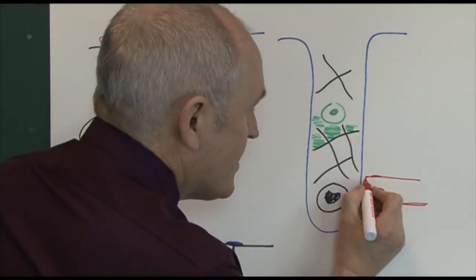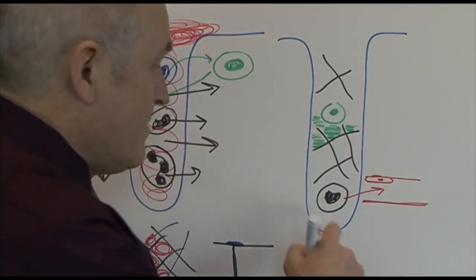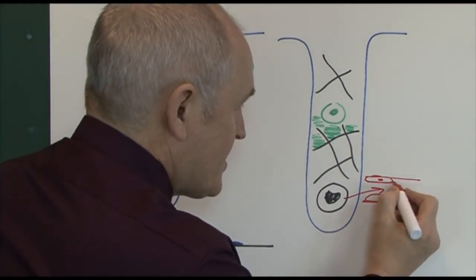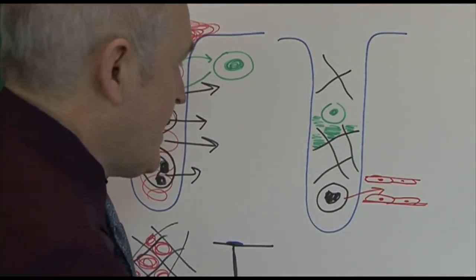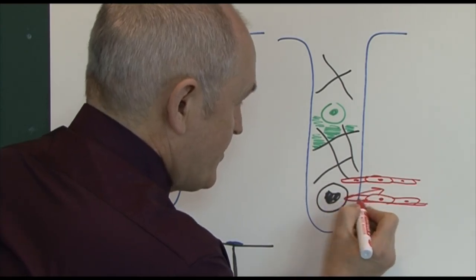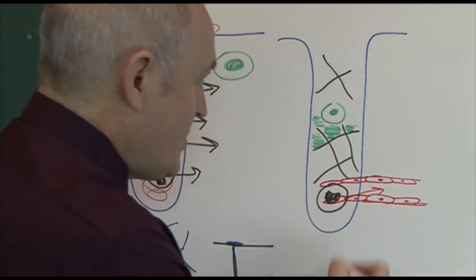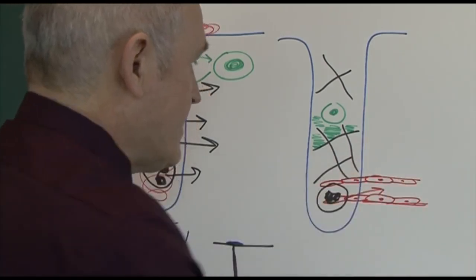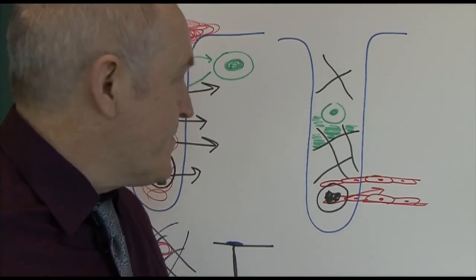So these cytokine-based growth factors produced by the macrophages are going to affect the adjacent capillaries, and they're going to cause the adjacent capillaries to grow into the wound. So new capillaries will start growing into the wound. This is vital to bring oxygen and nutrients into the wound.